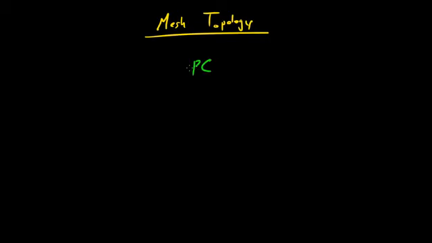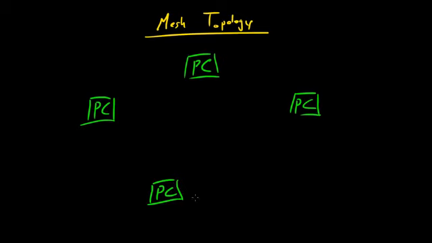Let's say that we have, let me just draw 5 PCs. A PC here, a PC there, a PC everywhere. It doesn't matter if these are desktop PCs or laptops or anything like that. And you need 3 or more for this mesh topology to work out. But this is basically what it is. It's a topology where every single node is connected to every other node.